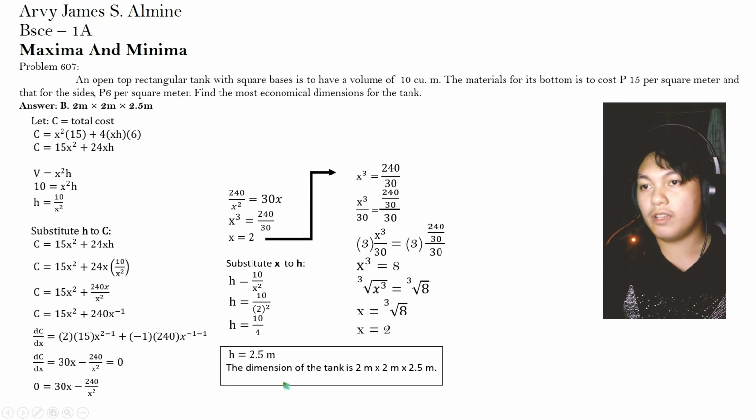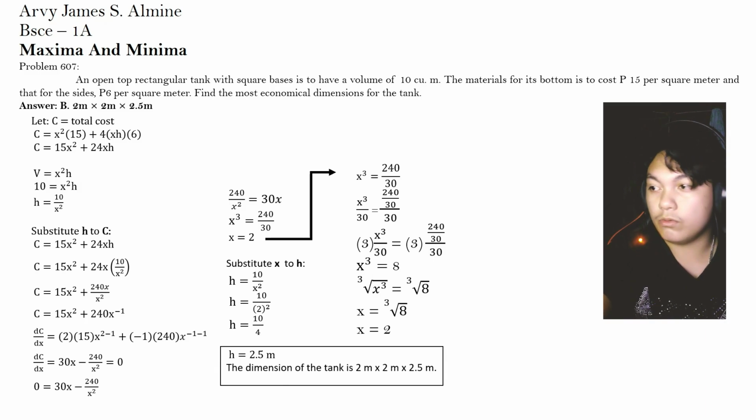The dimension of the tank is 2 meters by 2 meters by 2.5 meters. Therefore, the most economical dimensions for the tank are x equals 2 meters, h equals 2.5 meters, resulting in the correct answer, option B.